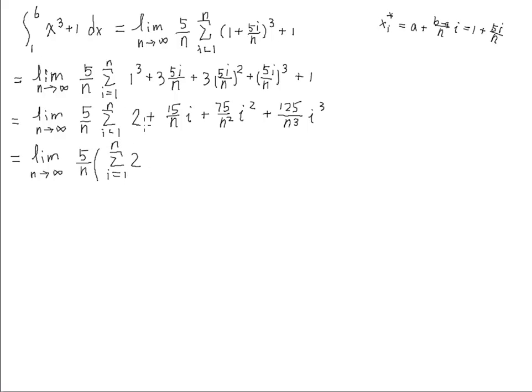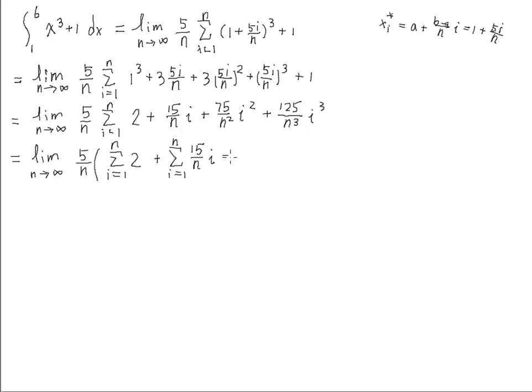This is the first one. And then we have the second one, and i goes from 1 to n. Still the same thing, we move it inside. And 15 over n. You can pull 15 over n out, but for the moment, we can put it over here as well. Let's do the next one.